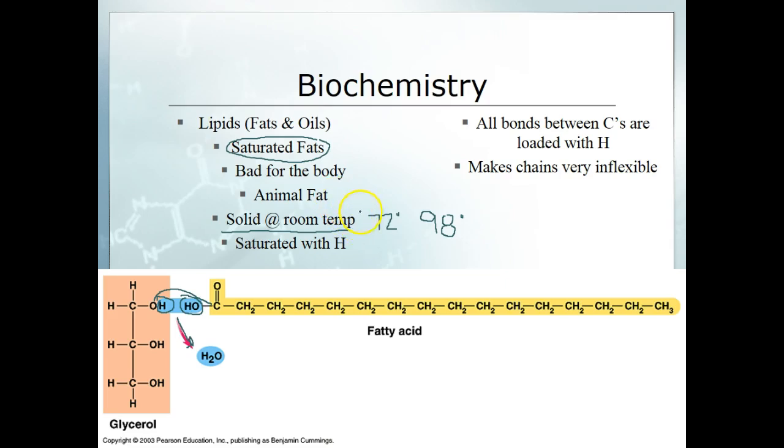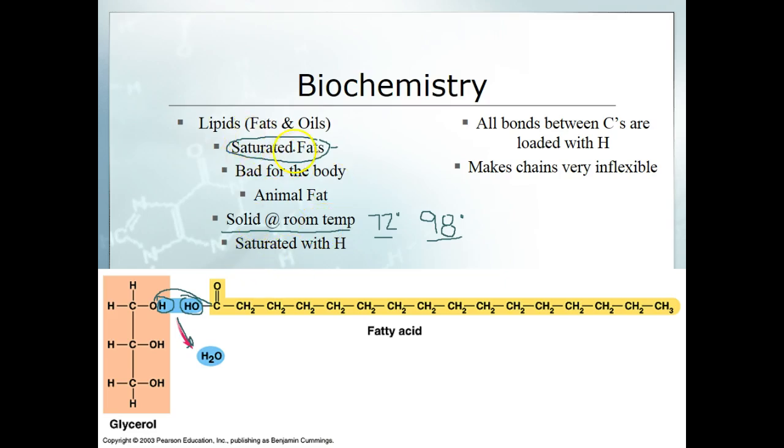And if it solidifies at room temp, then chances are when you eat large amounts of that saturated fat, it's going to solidify at body temp. And if it's solidifying at body temp, that means it's going to potentially clog arteries, potentially clog cells, and lead to a lot of bad side effects. Animal fat isn't terrible for you, but you need to keep the saturated fats to smaller amounts, right?